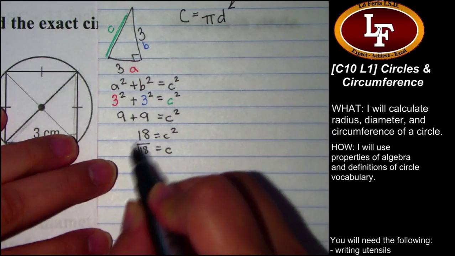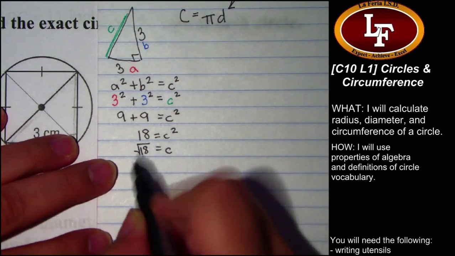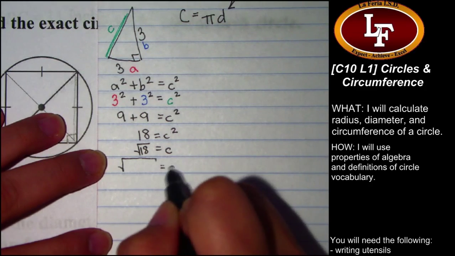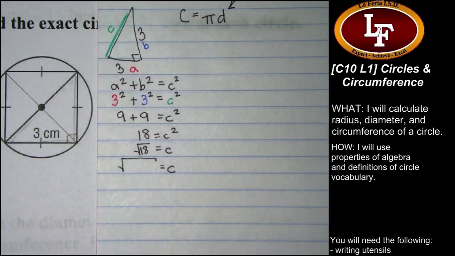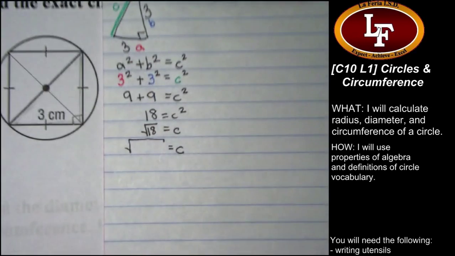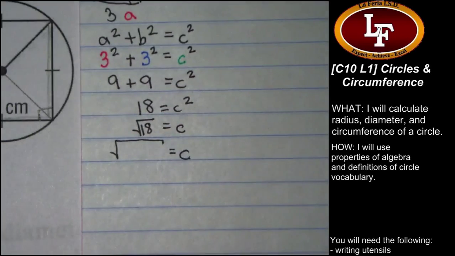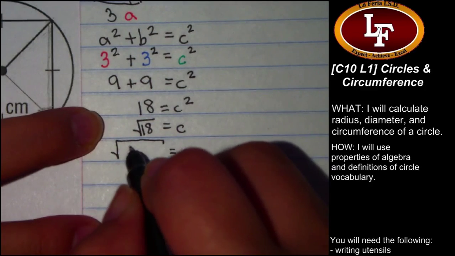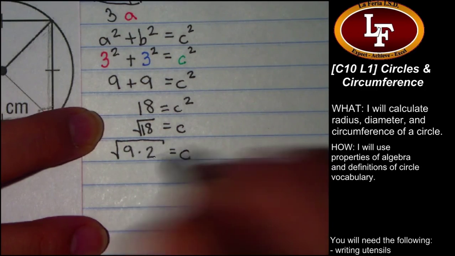So looking to simplify this radical, I'm going to think of 18 in terms of the different factors it has, the different numbers that you have to multiply together in order to give you 18. I get 18 from 9 times 2.